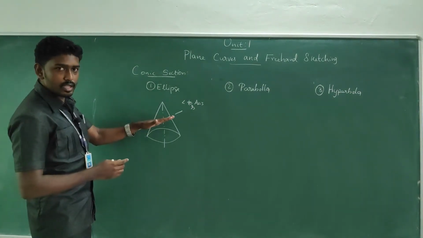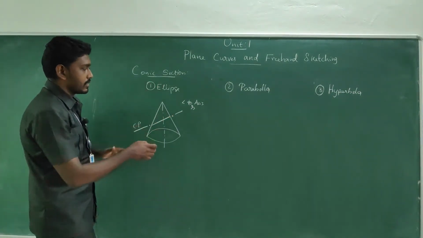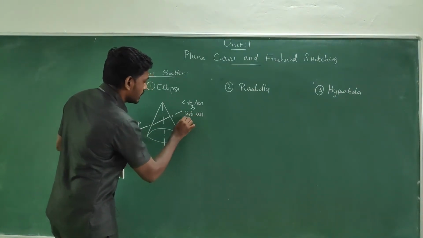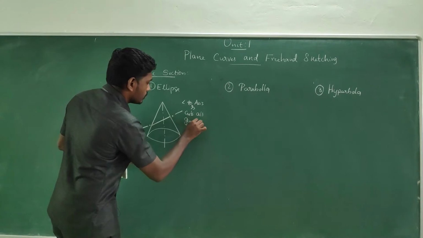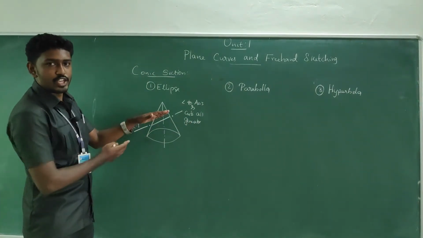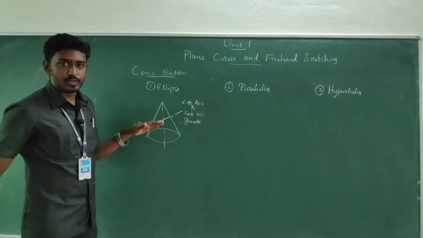If it cuts all the generators, then the sectioned region will be an ellipse.